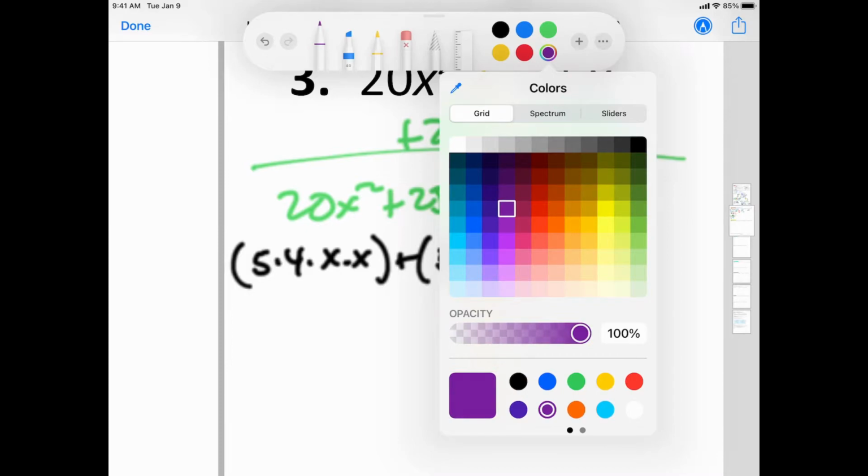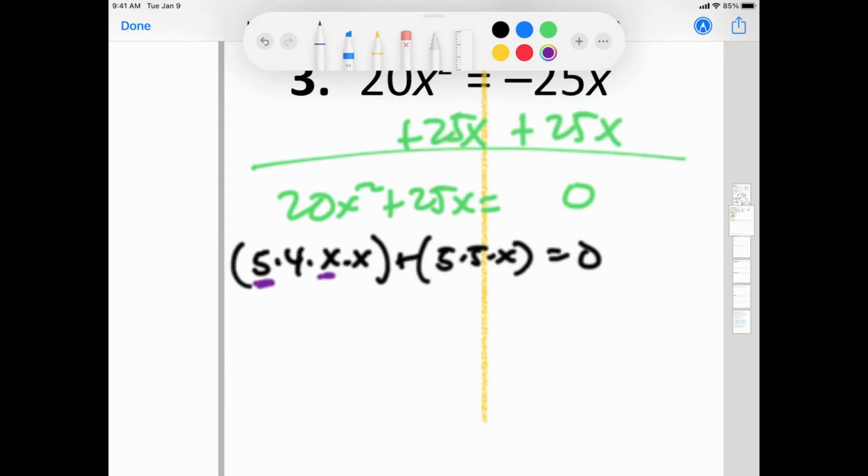What do they have in common? They have a 5. Each of them both have, in the parentheses, both a 5 and an x. Do you see that? So I wrote 5x. That would be 4x, and this one is not highlighted, plus 5.